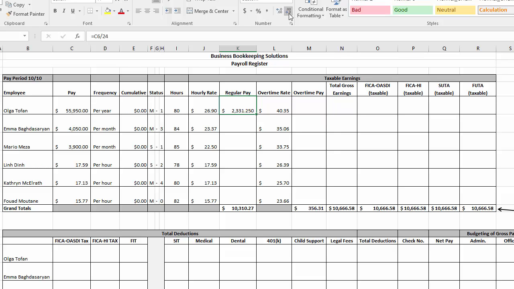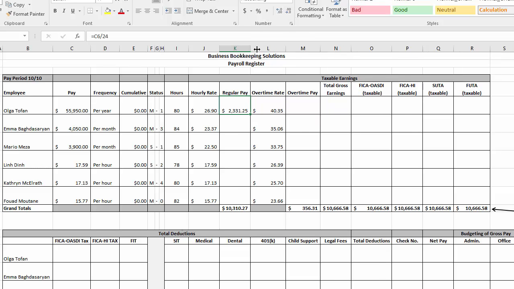It does not, but just to be safe, we should round that, so round the formula. Now let's take this number and multiply it by 24 and see if we get 55,950. 2,331.25 times 24 pay periods gives us exactly 55,950.